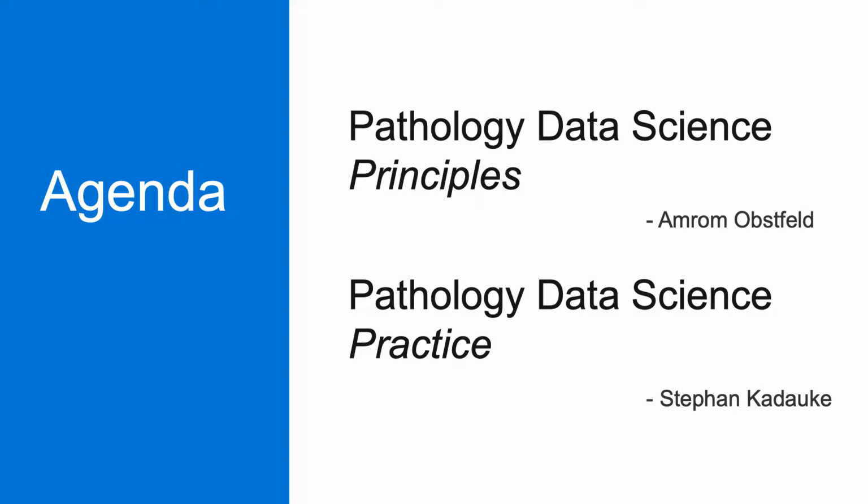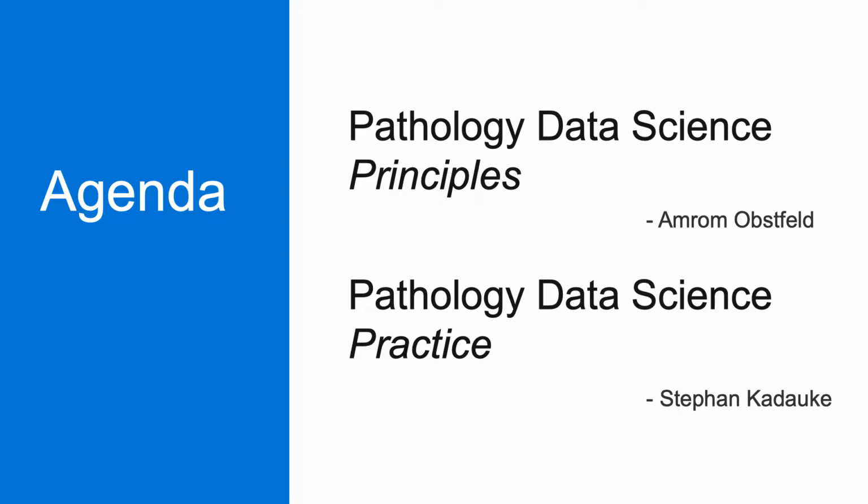I'm going to start us off with what I'm calling the principles of pathology data science, where I'll talk more in general terms about what I mean by this, what is the value that data science, in particular one specific aspect of data science, reproducibility, has for pathology.